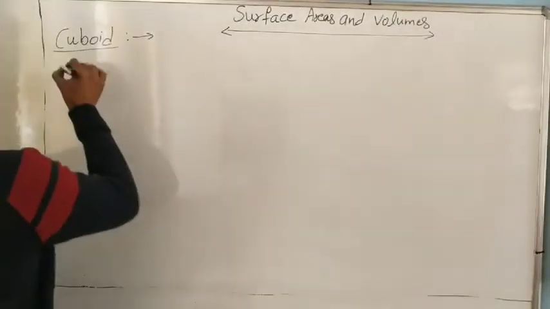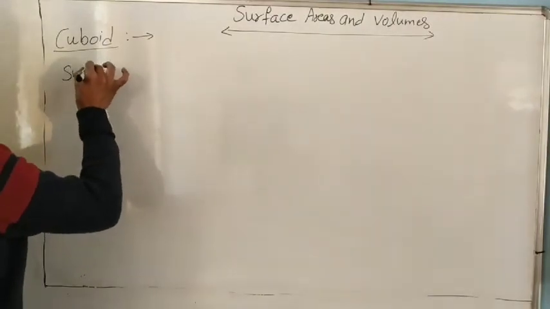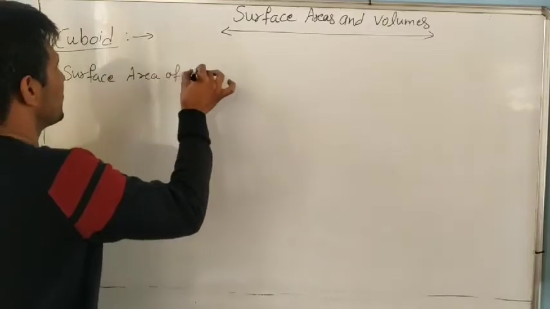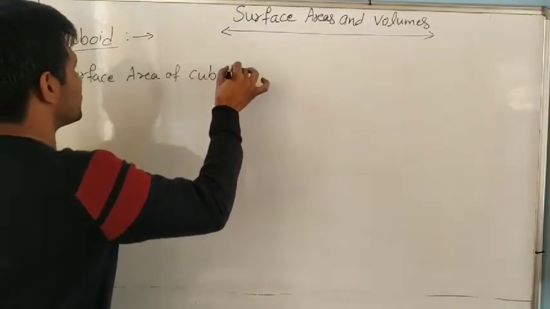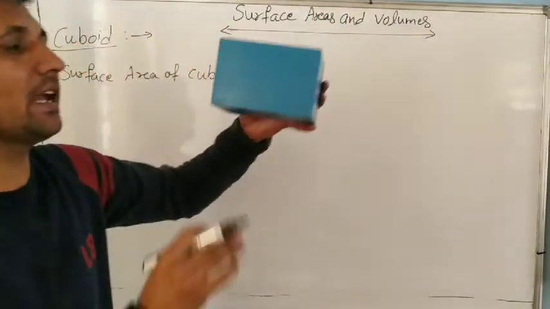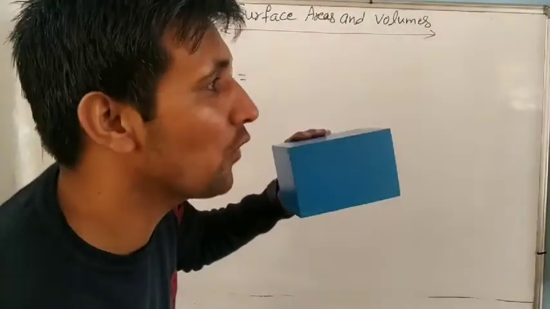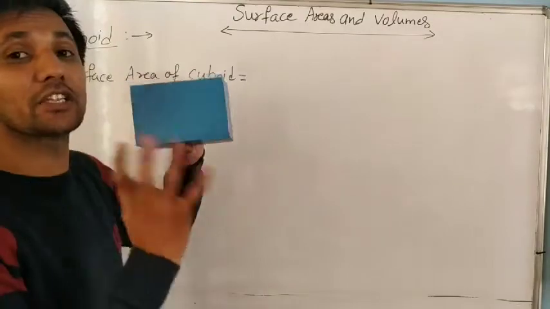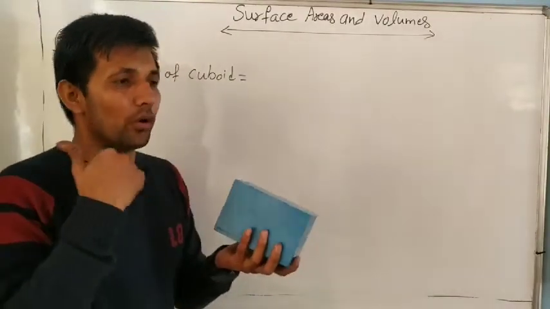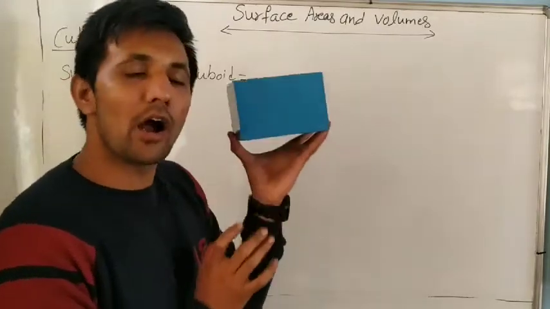So first, the surface area of a cuboid. How will you find it? Surface area means finding the area of all 6 faces. How many faces does this cuboid have?